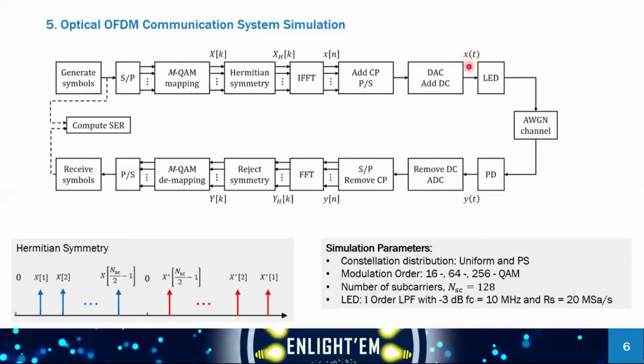We model the LED as a first order low pass filter with a cutoff frequency of 10 MHz. At the receiver, the reverse operation to that of the transmitter side is implemented, and the symbol error ratio of the system is evaluated by comparing the transmitted symbols with the received symbols under various SNR of the AWGN channel.